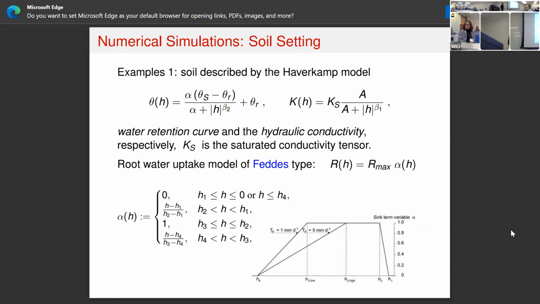The first one is a soil described by the Gardner model. These are again the hydraulic functions, and this is the Feddes type model for the root water uptake that I already introduced before.